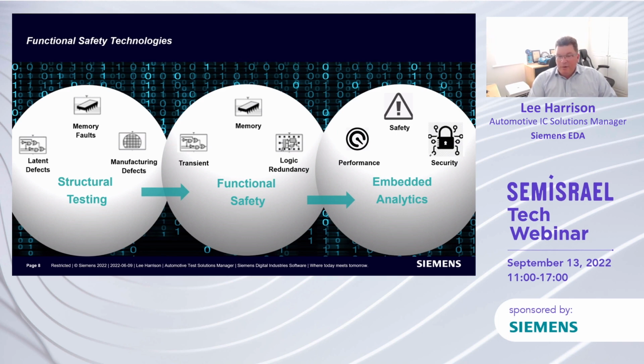We're looking at security aspects of the device, so maybe looking out for illegal transactions in the functionality, and just generally monitoring other safety aspects. So this covers a really broad range of different technologies that focus on everything from real physical silicon defects right up to the functional operation, which could be impacted by software, security attacks, and all of those types of things. So we really do have a wide range of technology to help you.